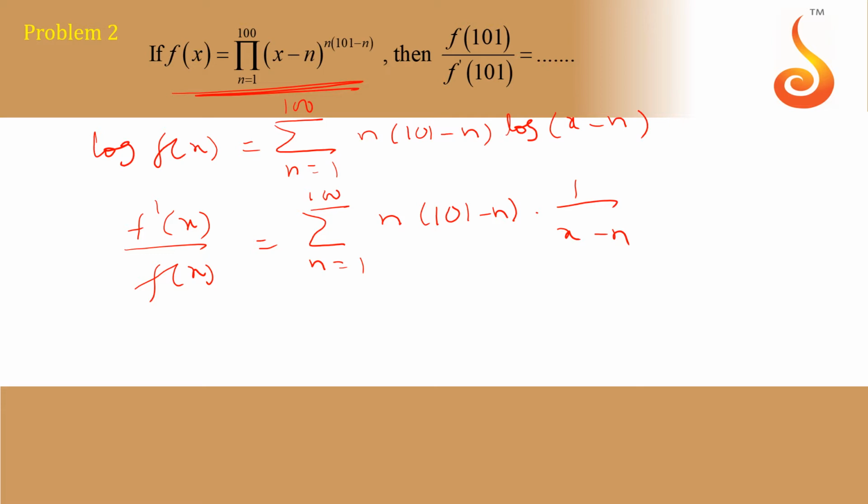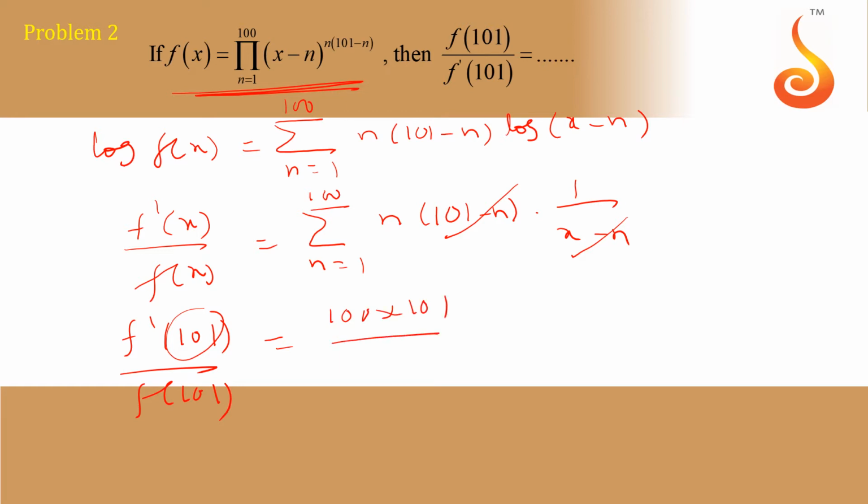Then what we are asking, if you put x = 101, the 101 minus this cancels at 101. Then sigma n = 1 to 100 of n means 1 + 2 + up to 100, which is 100 × 101/2, which is 5050. I think I am asking its reciprocal. So the answer is 1/5050.